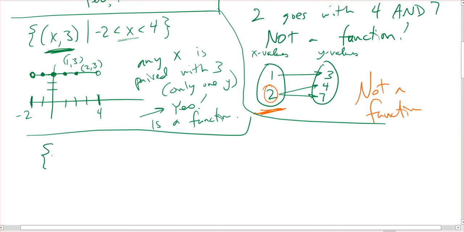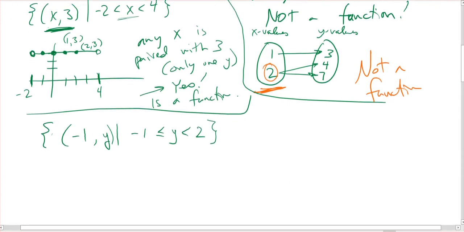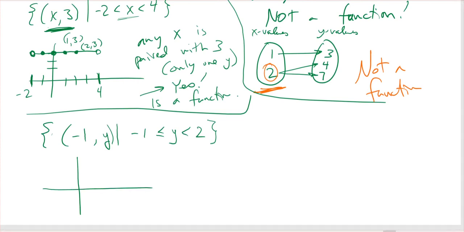Okay, what about another one like that? So maybe the set of all (-1, y), such that -1 is less than or equal to y, which is less than 2. Okay, so let's draw a picture of this one. We're going to have kind of the same idea as we did for the one above, but now we're not free to choose what our x value is.